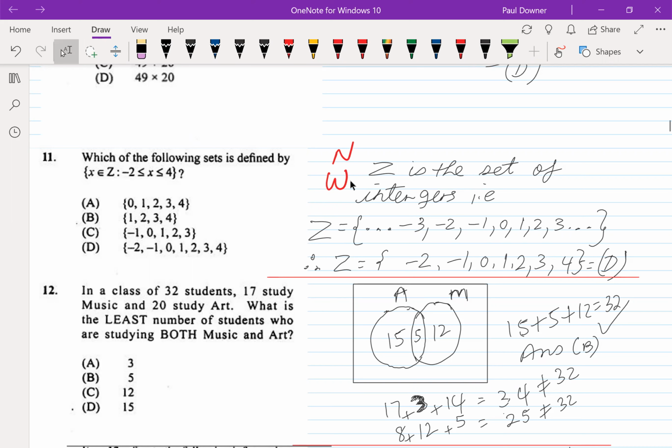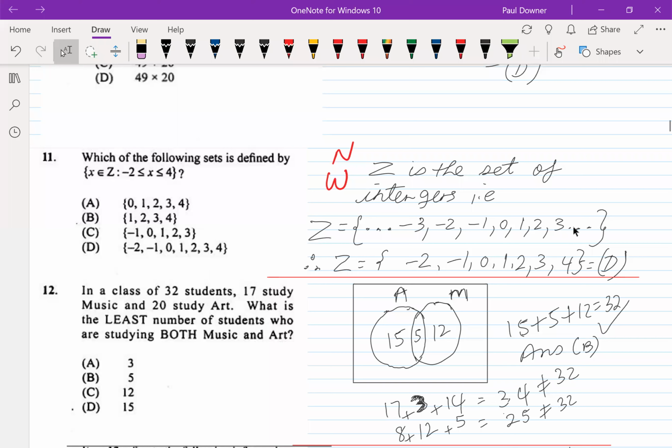And whole numbers, W, would include 0. 0, 1, 2, 3, 4, 5, 6, 7, 8, 9, 10. Okay, so be aware of that because the question here could just as easily be, instead of Z, they use N, right? And instead of Z, they use W. Now, if they had used N, the answer would have had to start from here.